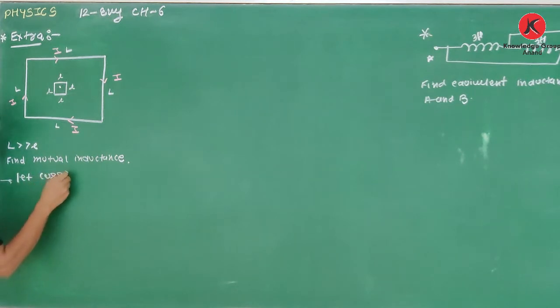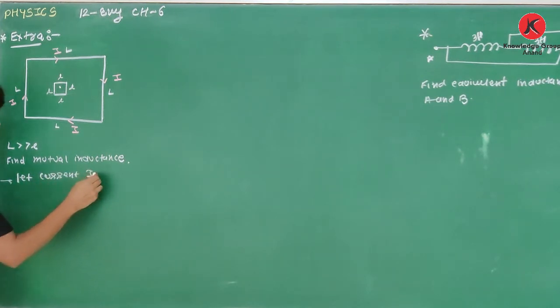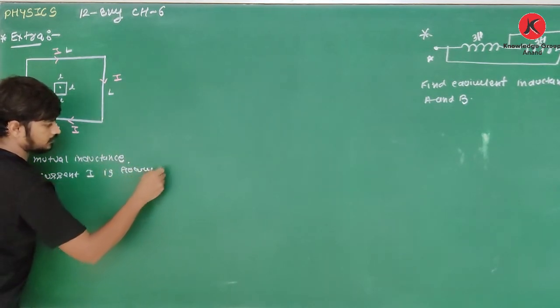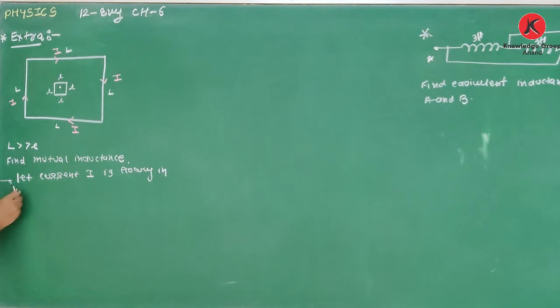Due to this coil, a magnetic field is produced that is linked with the small loop, and magnetic flux is linked with this small loop. With the help of that, we can find it easily.